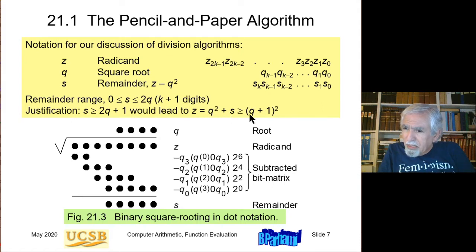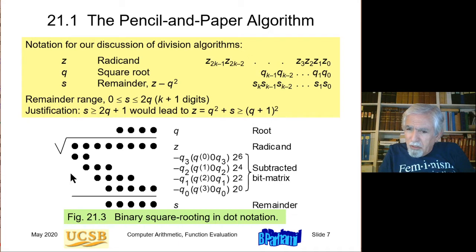I can subtract q plus 1 squared from z and still have a 0 or positive remainder. Therefore, q could not have been the correct square root. Therefore, the remainder can be up to twice q. The remainder is always non-negative, and from the other end, it can be up to twice q. That's why it has an extra bit. It's k plus 1 bits.